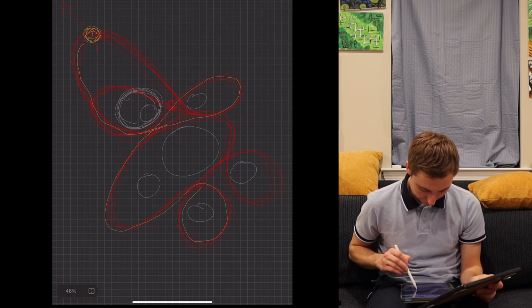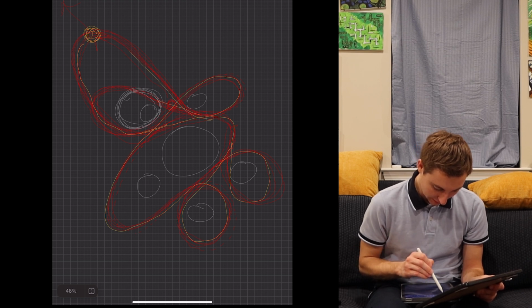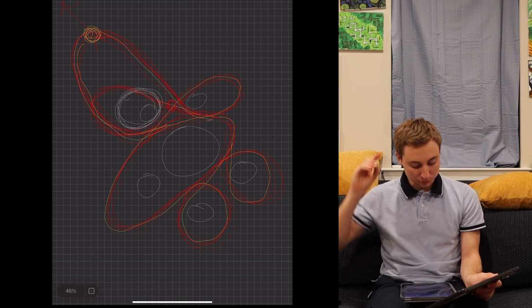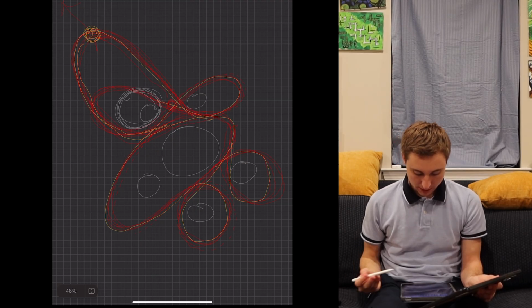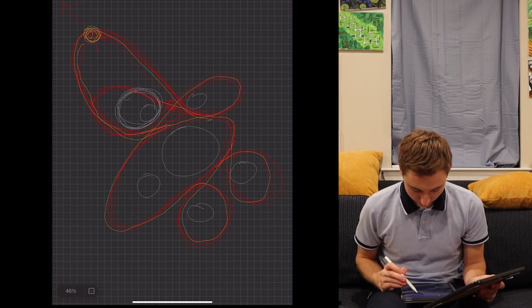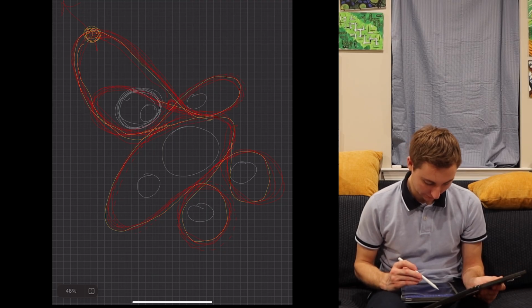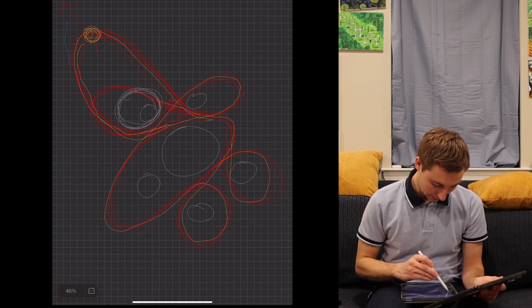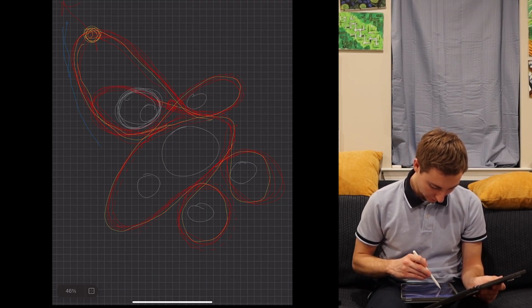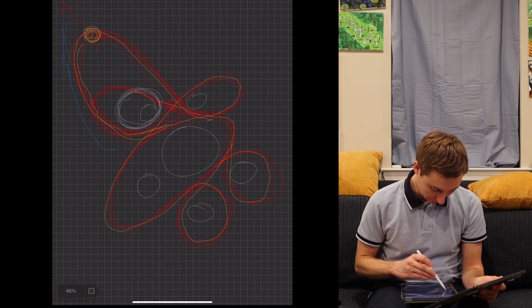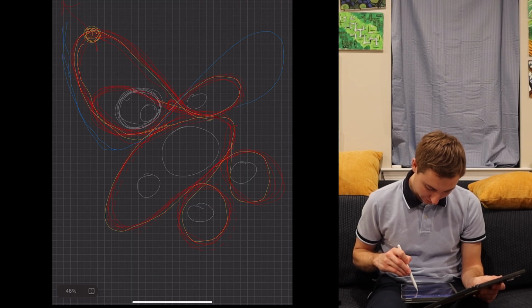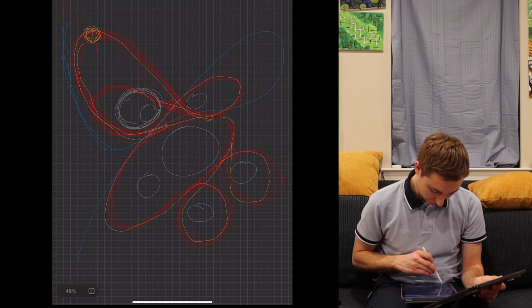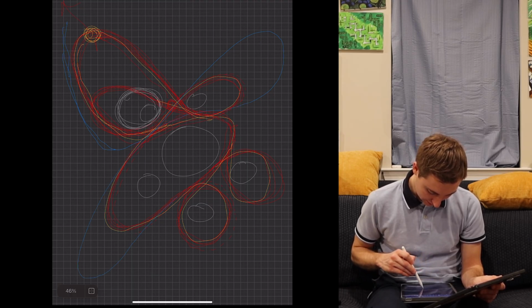Red will be able to break free, but orange will get caught up in here. And then if you were to have blue fly in, blue comes in. Blue's got more energy but less mass, so it comes in and goes way out here, comes back in, goes way out this way, comes back in.